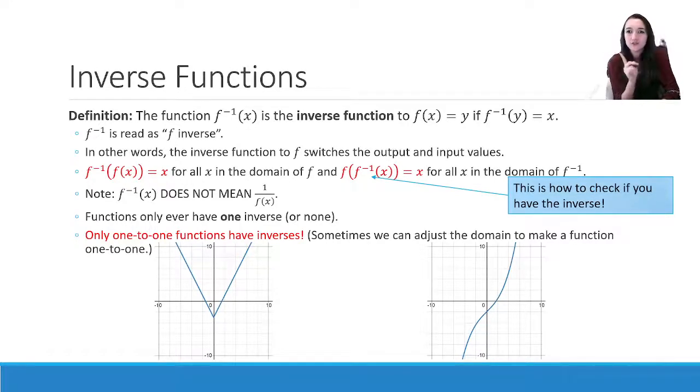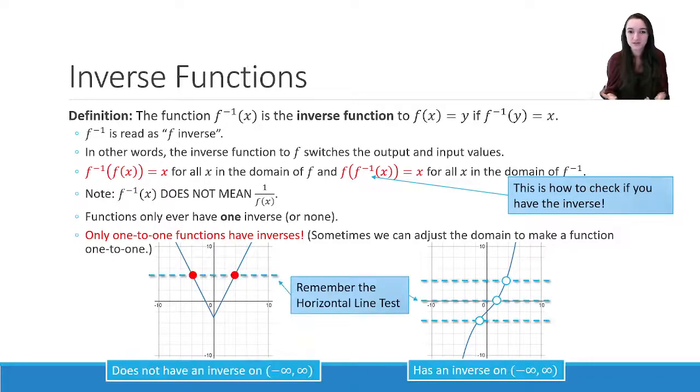But how do we tell if it's one-to-one? Remember back to chapter 1.2 when I introduced this, earlier than your textbook introduces it, just so that you could see it when we talked about the vertical line test. Here, we're talking about the horizontal line test.